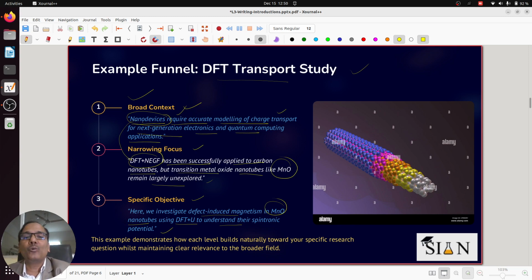Then we move to our material, the MnO nanotube, and we are also creating defects on the nanotube to generate magnetism. Then some specification of the methodology, especially DFT plus U, which we use here to understand their spintronic behavior. So this example demonstrates how each level builds naturally towards your specific research question, whilst maintaining clear relevance to the broader field.